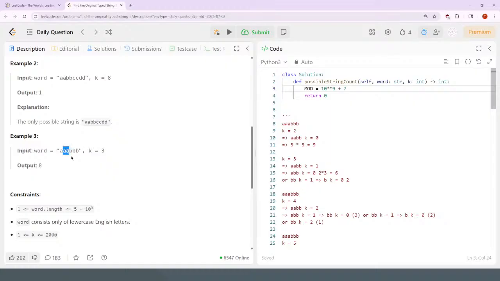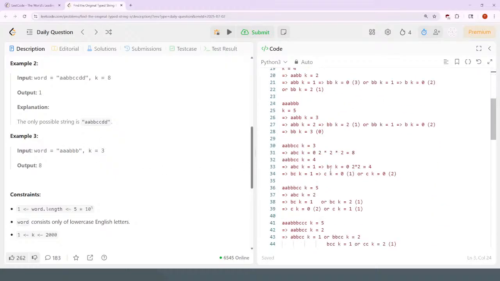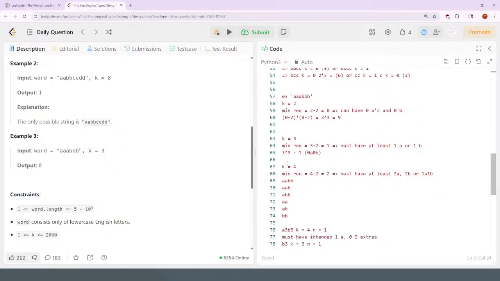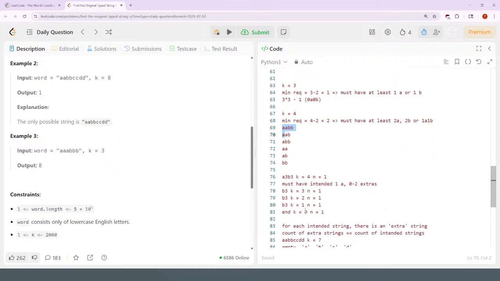So therefore, of the remaining 2 A's and 2 B's, of those remaining ones, one of them has to be something that she intended to type, and the others could be duplicates or not. And she has to have at least one A or B. I went through that at some point. It ends up being something like, what was it?